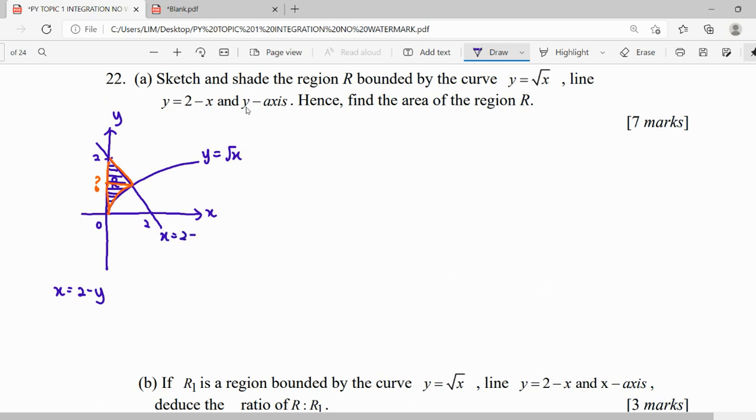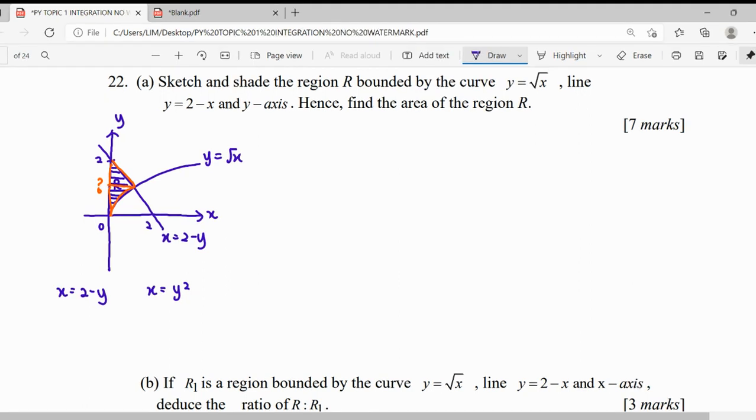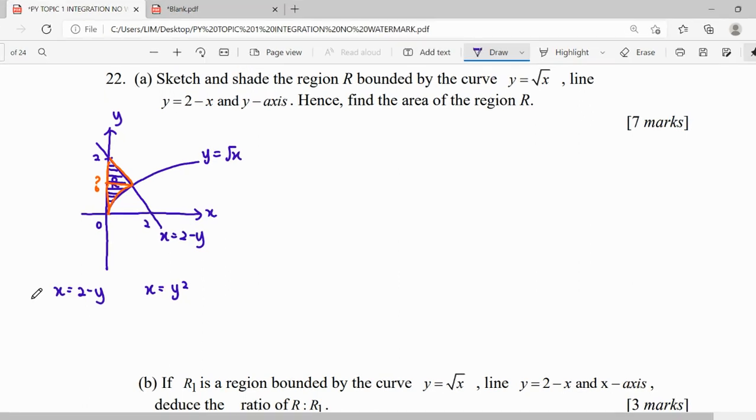Okay, so this is our line: x equals 2 minus y. And for the curve, x will be equal to y squared. So we express in terms of y, because we want to find our y information. This will be our equation 1, and this is our equation 2. To find the intersection, we do simultaneous equations. Substitute together, and we get a quadratic.